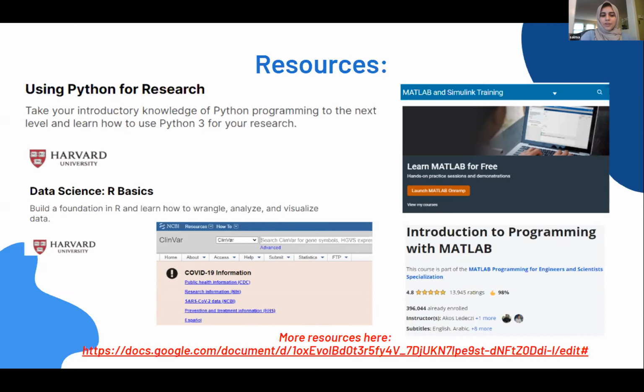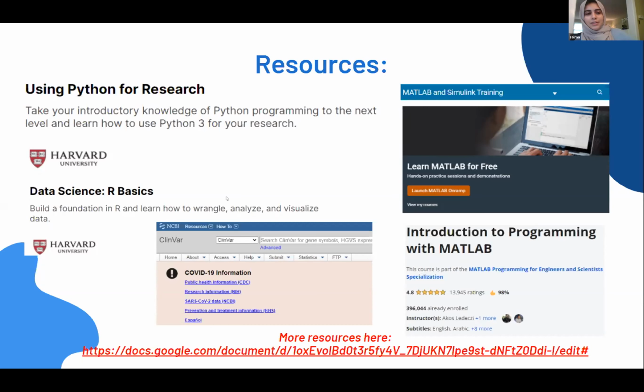For some of you that are doing genetic research, you want to familiarize yourself with ClinVar and how to read and understand the genomic symbols, because the nomenclature is written differently than how you might think. Some of you are using Mathematica, so we have free courses that you could use to learn how to use that.